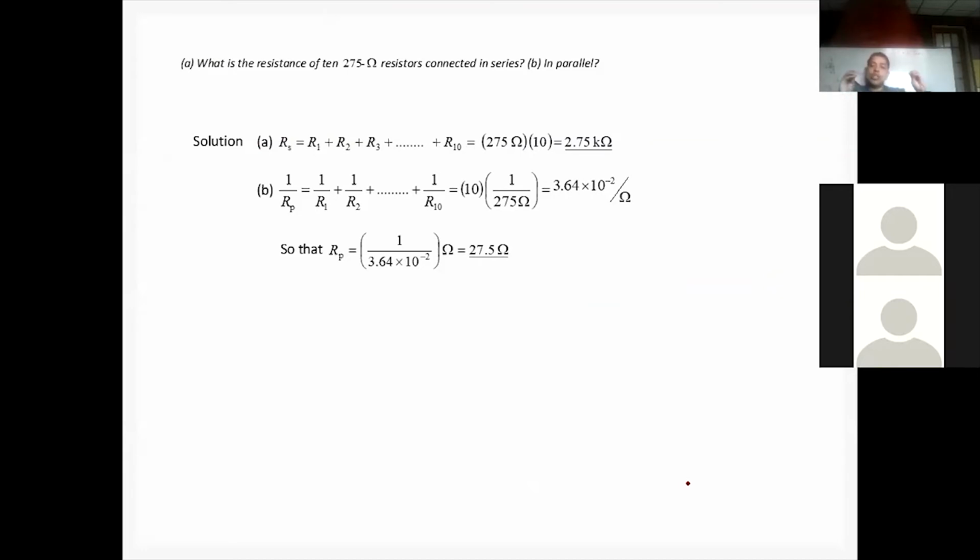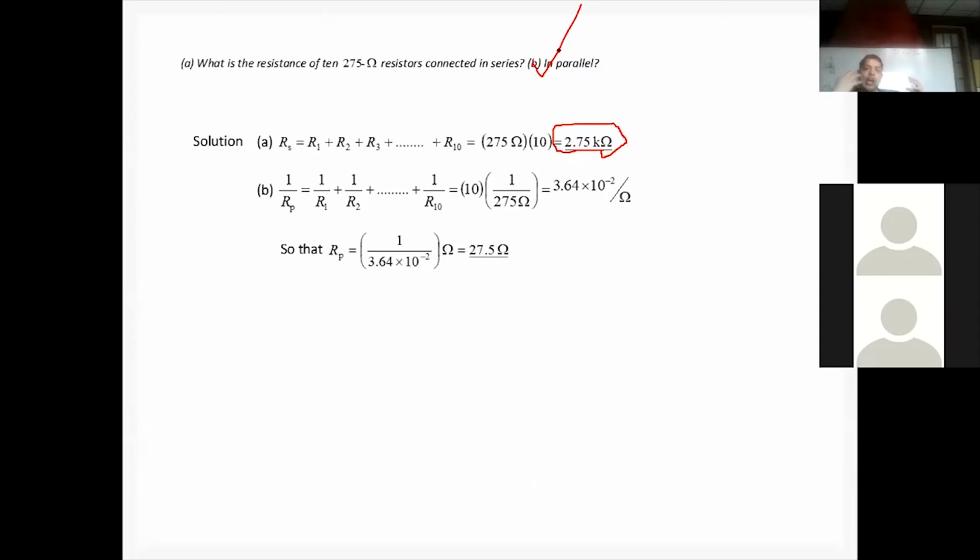If you connect them in series, what is the total resistance? Simply, you have to add them 10 times, right? What is 10 times 275? 2,750. So this is 2,750 ohm.